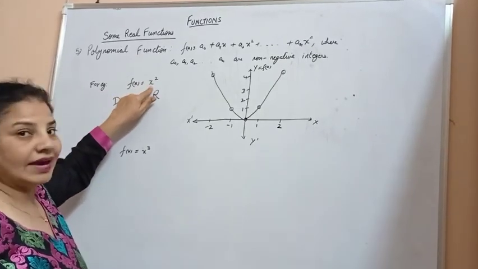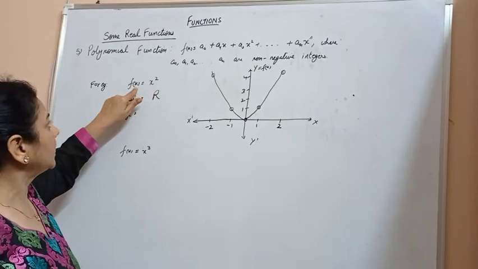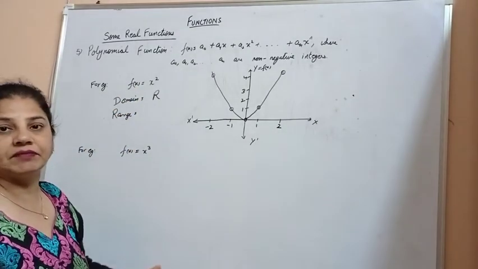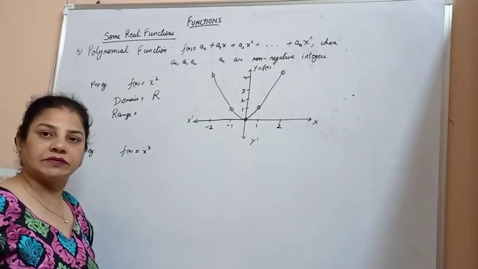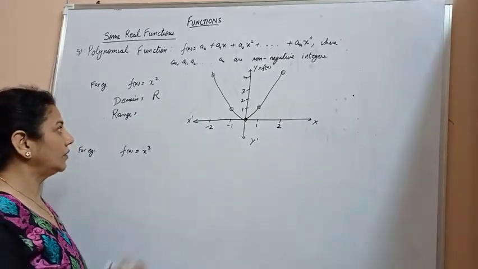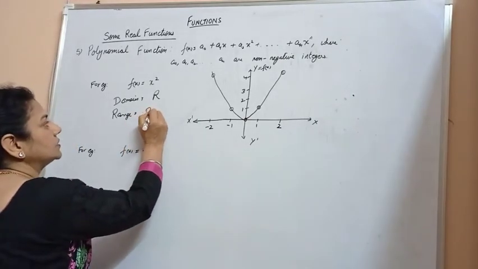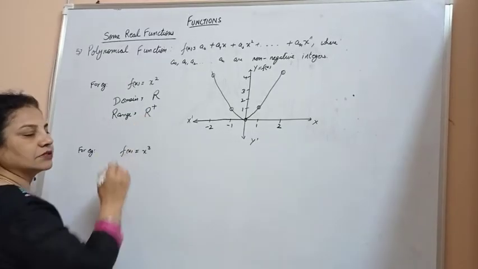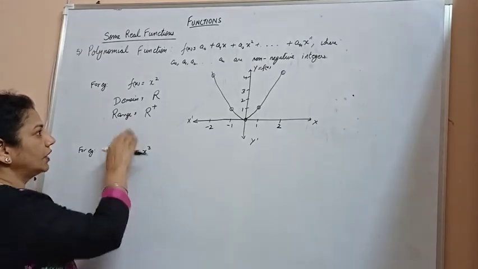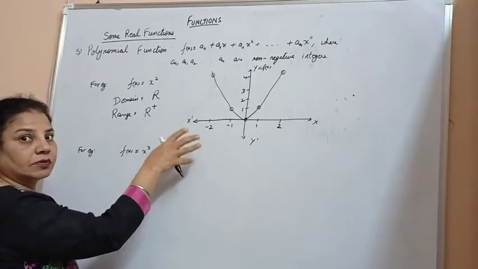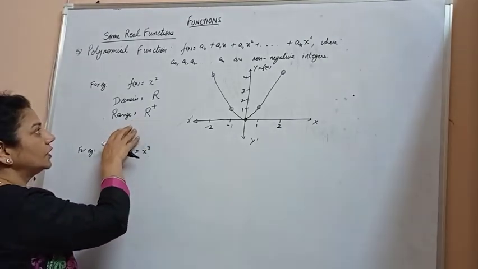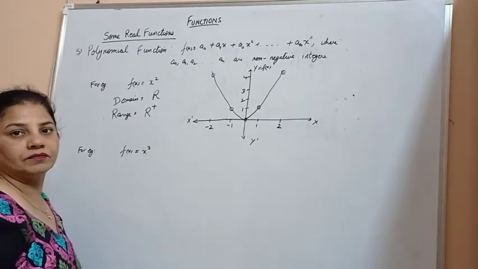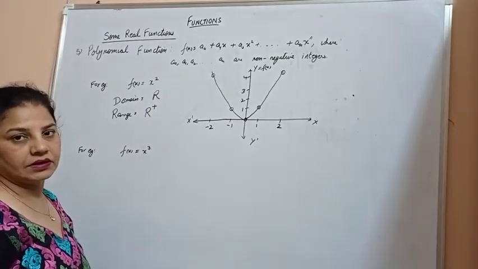I give x as -1, again I get f(x) as +1. For every positive or negative value of x, we get a positive value of f(x). So the range is all non-negative real numbers, denoted by R plus. I am talking about this particular function only. The range is the positive real numbers, and the domain is the real numbers.